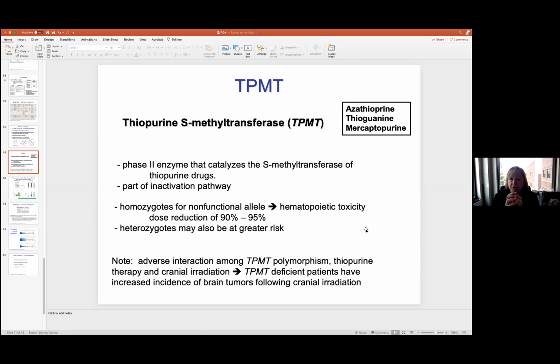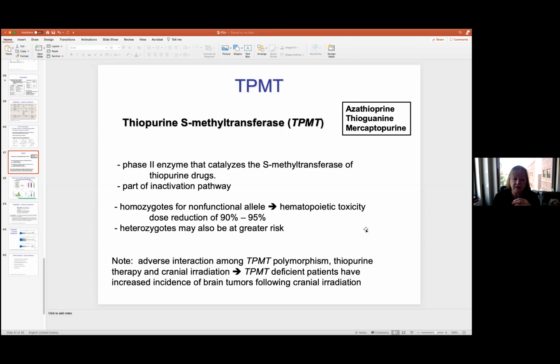So if you're not excreting the drug, we talk about ADME, if you don't have excretion, you're going to get a buildup. And so you can really deal with that by reducing the dose tremendously, because it doesn't mean that there's no excretion. It just means that it's really, really slow. There are other pathways that are going to be used, but they're not as robust for this particular drug.